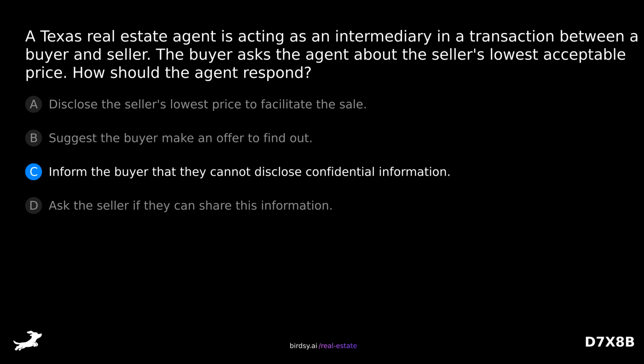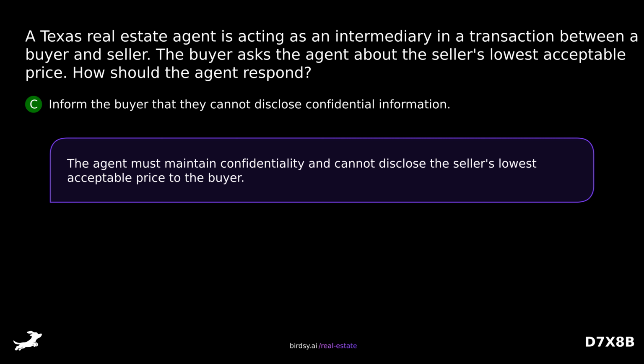C, inform the buyer that they cannot disclose confidential information? Or D, ask the seller if they can share this information? The answer is C, inform the buyer that they cannot disclose confidential information. The agent must maintain confidentiality and cannot disclose the seller's lowest acceptable price to the buyer.